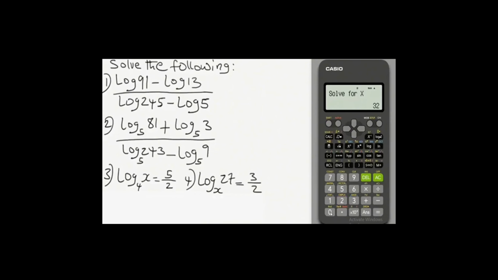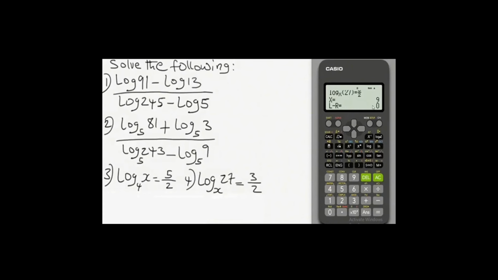Alright, guys, always assign x 0 here. Don't make this mistake. Then press equal to, and it will solve it for us. So we have the output to be 9.